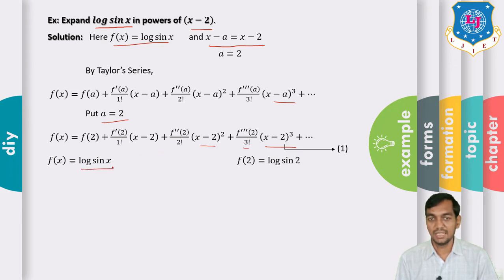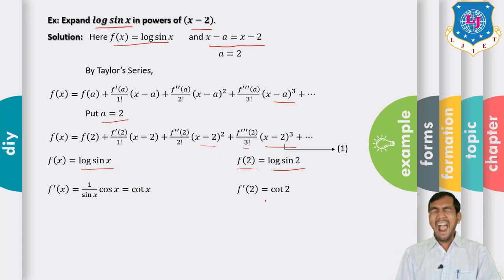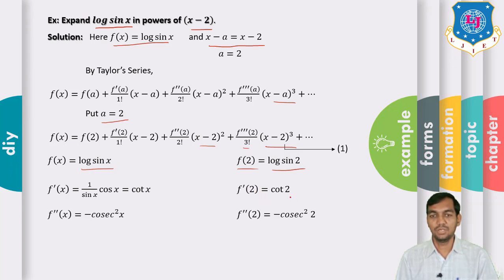So f(x) is log sin x, so f(2) is log sin 2. Now f dash x, so log has a derivative 1 upon sin into sin's derivative cos. So it will be cot x, and f dash 2 has the value cot 2.